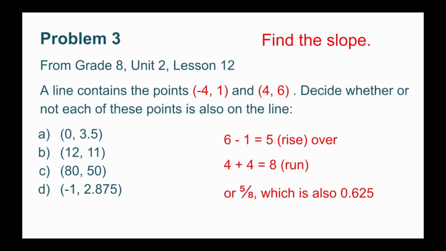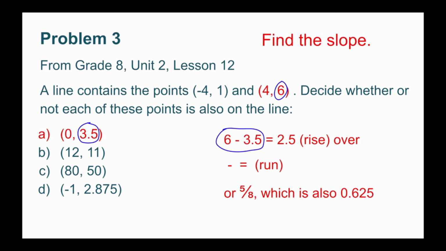5/8 is also 5 divided by 8, which would be the decimal 625 thousandths, or 0.625. So now we're going to find the slope of the coordinates (4, 6) and the coordinates (0, 3 and 5/10). 6 minus 3.5 equals 2.5.